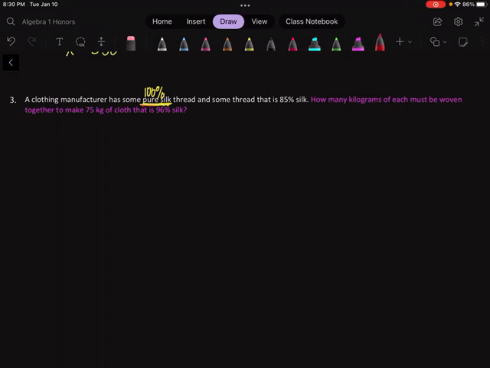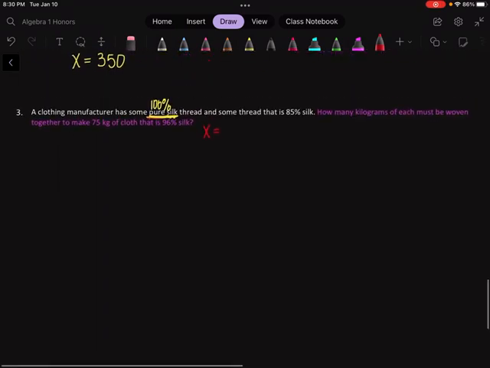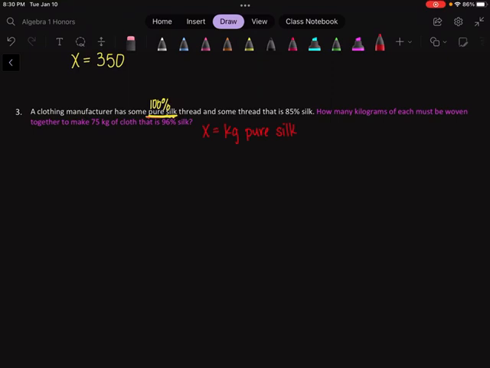So there we go. We need to assign our variables, define them. X is going to equal, let's do the kilograms of pure silk. And Y is equal to the kilograms of 85% silk. Okay. So in the question, it says to make 75 kilograms that is 96% silk.